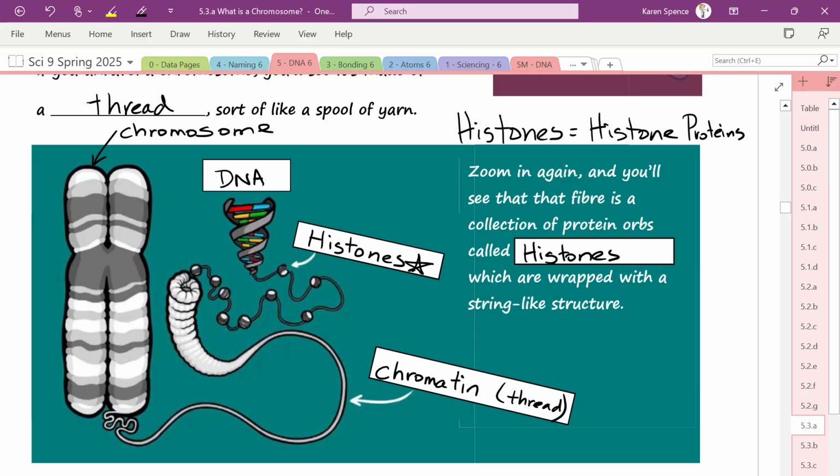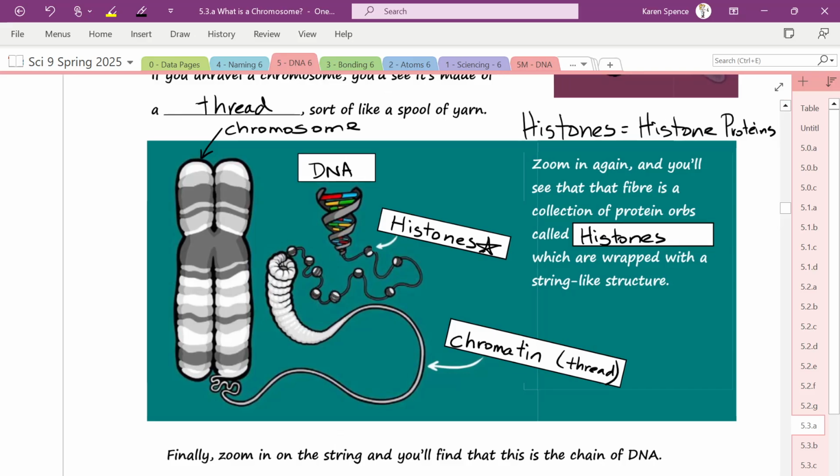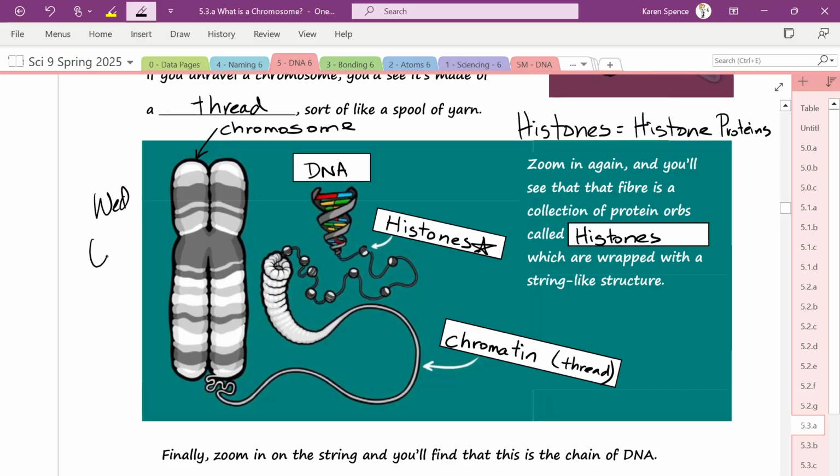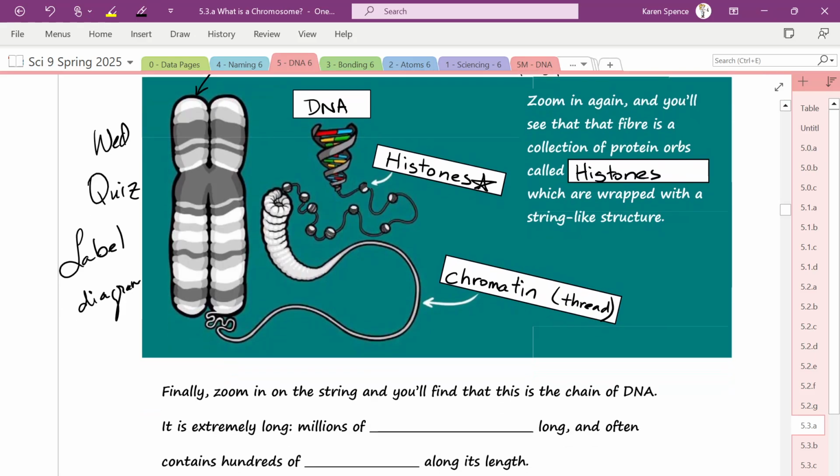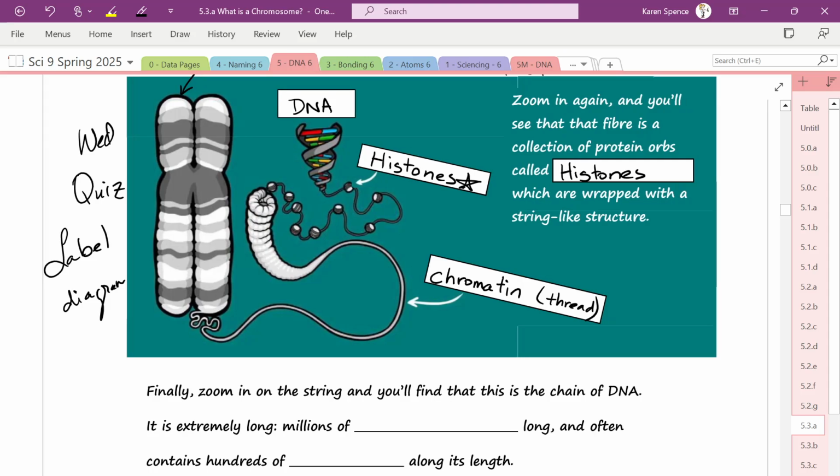And I would imagine that on Wednesday's quiz, there might be a diagram like this for you to label. So finally, when we zoom in, we get the chain of DNA. It is millions of letters long and often contains hundreds of genes along its length.